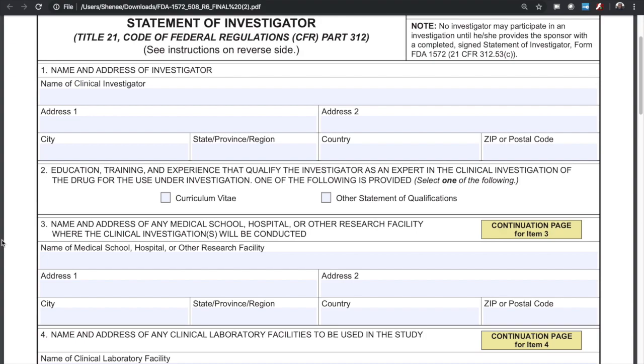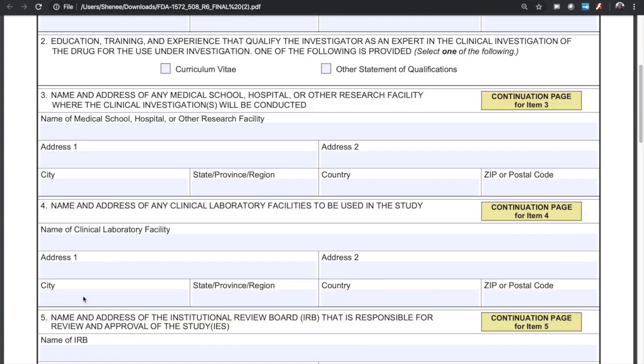So some doctors may have a private practice to where that's what they do 50% of the time, and then the other 50% of the time they may do research, or they may have hospital assignments or other hospital obligations to where they won't actually be at that physical location all the time. So with that being said, the FDA wants to know where can they reach the doctor, and they also want to know where the patients will be seen.